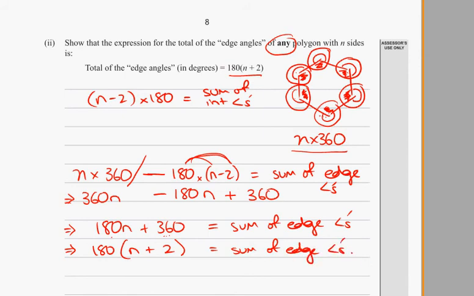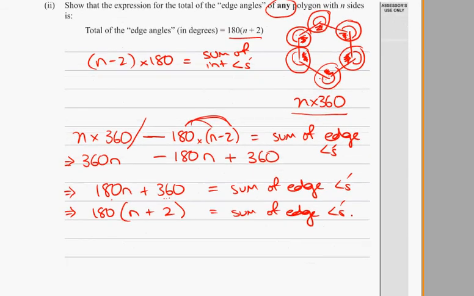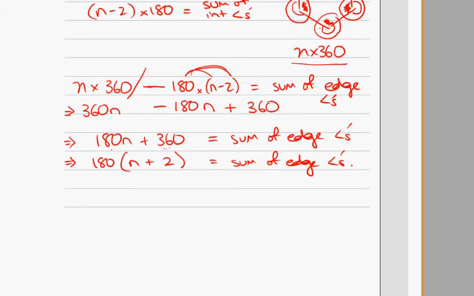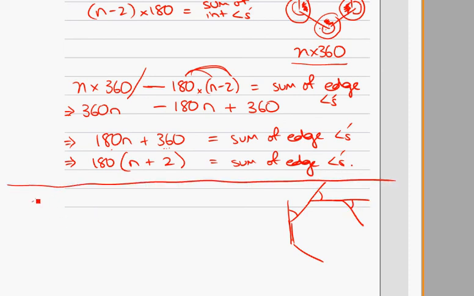Right, here's another way of doing it with the exterior angles. So you can think about that one, but also if we think about an exterior angle all the way around the polygon, we know that the exterior angles sum to 360.